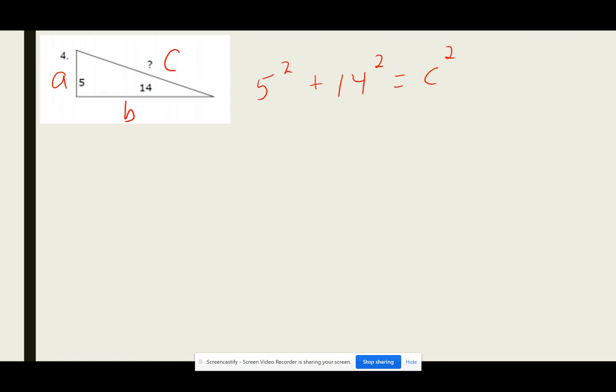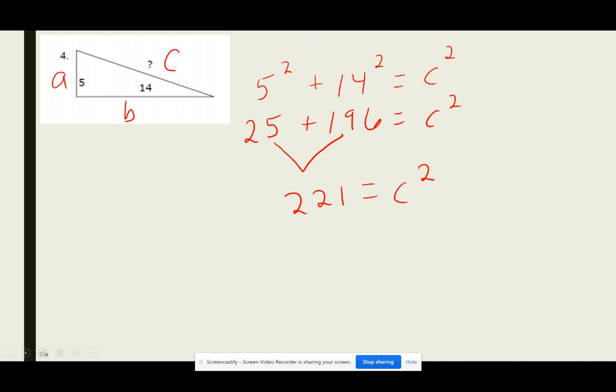5 squared is 5 times 5, which is 25. 14 squared is 14 times 14, okay, which is 196. And I have my C squared. All right, again, 25 and 196 are on the same side. We have both legs. So those two can be combined together, and I get 221 equals C squared.